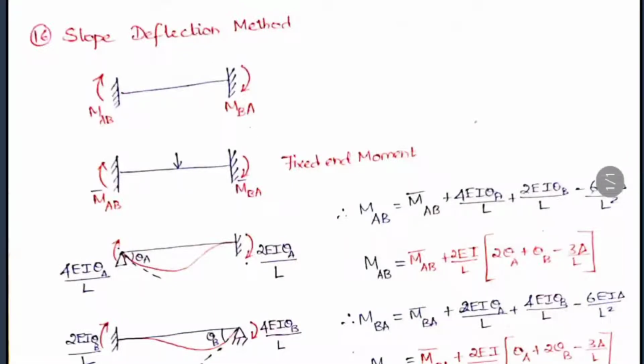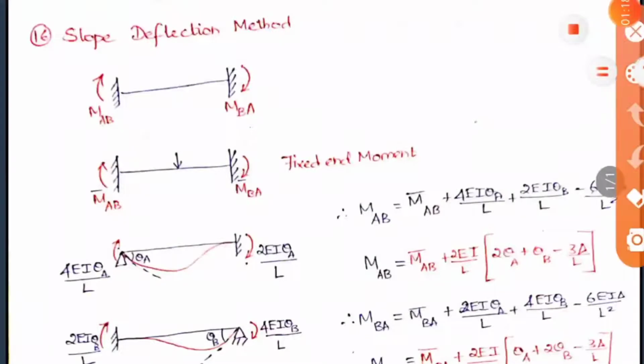An important point to be noted here is that in all those cases we studied with the actual direction of the moment. For example, if I take a fixed beam like this, here I have drawn both the moments, at A and at B, in the clockwise direction.